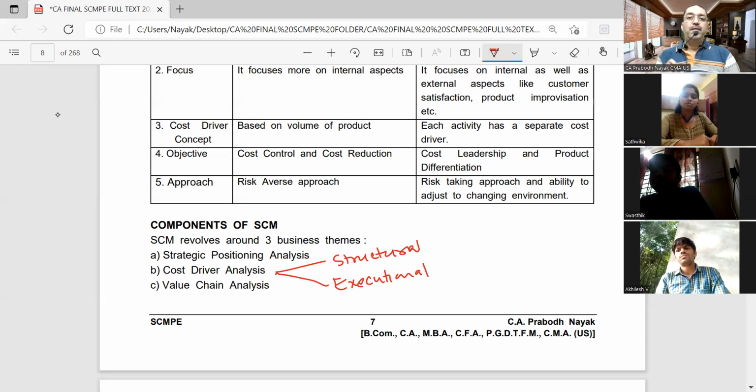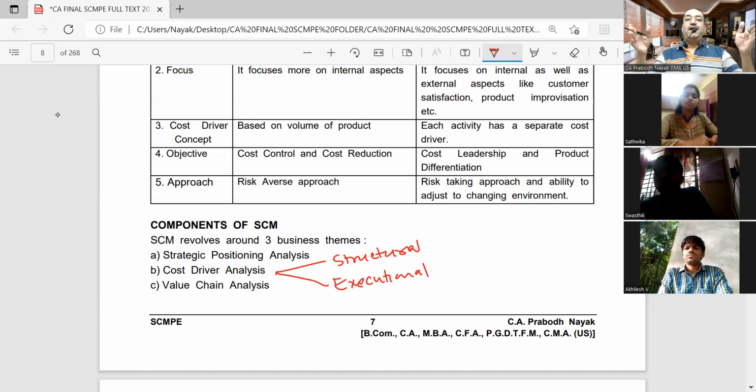TQM, total quality management, execution. You are trying to implement quality, improving the features of the product. This is an improvement in quality of the product. Using better raw materials, executional cost, right?